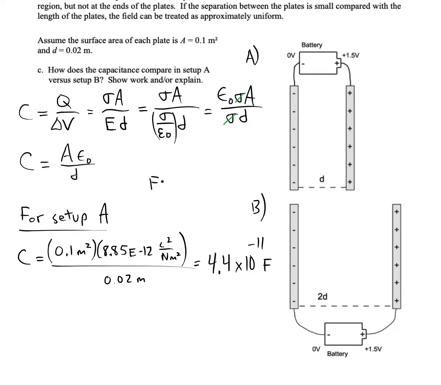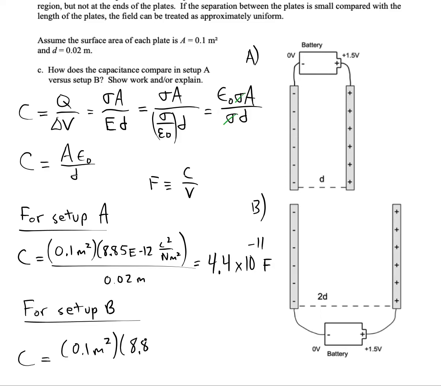A farad is defined as a coulomb per volt. Now let's calculate the capacitance of setup B. Same area. Larger separation.